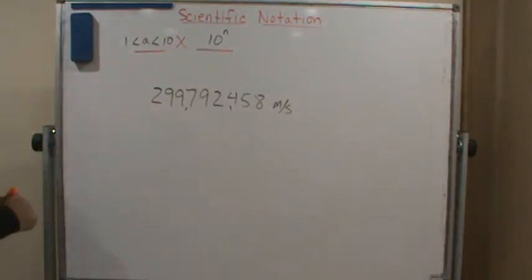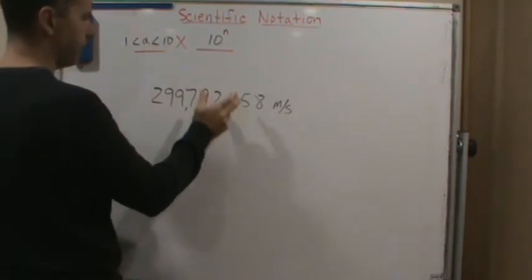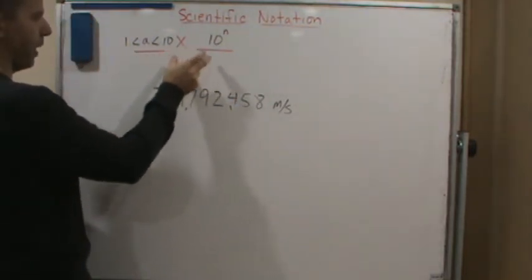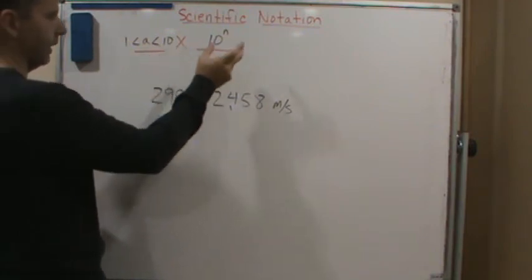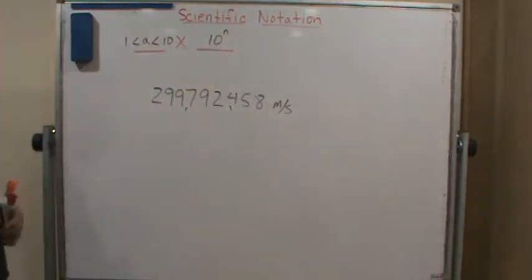So we could take any number and make it into a product of a number between 1 and 10, and a power of 10.